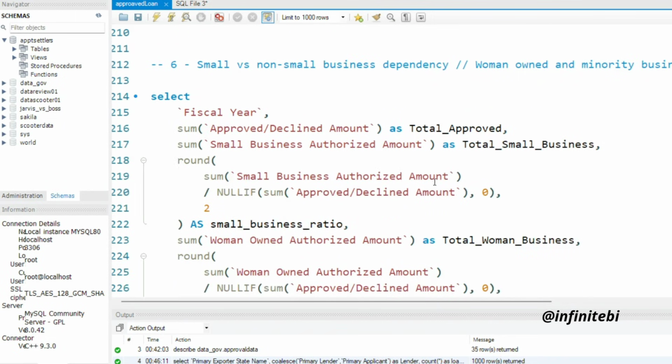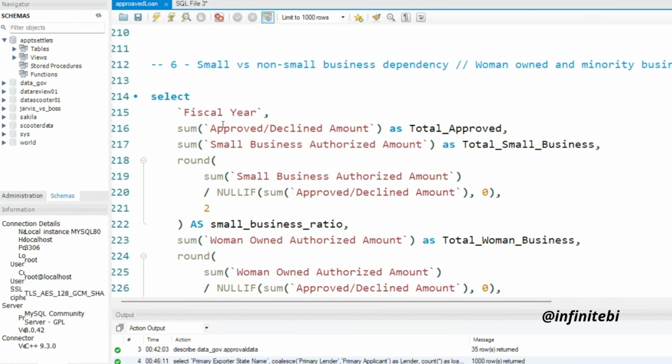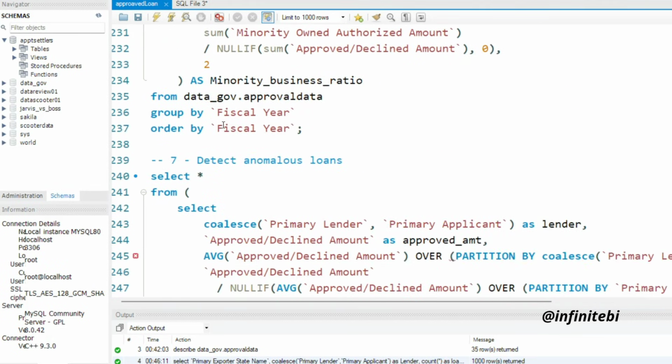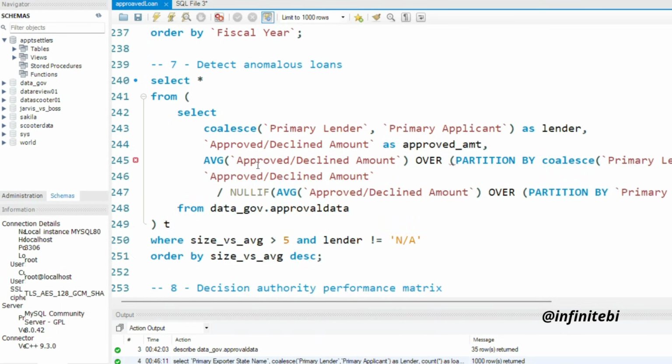So this is also good for you guys, if you're already familiar with SQL, and also if you're working as a data analyst or data engineer, you should already know this, but you can take a look and share it with others. And also I try to detect some anomalous loans. This is important as well. And this one I use a different function. I use COALESCE. This is a subquery, which is very important.